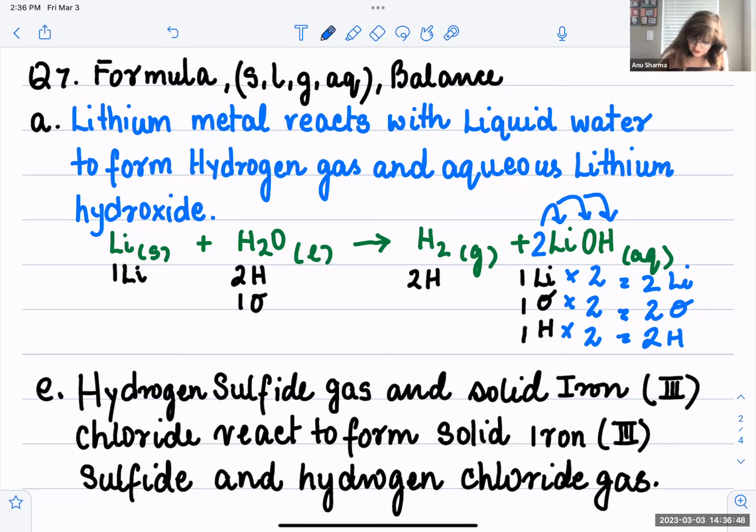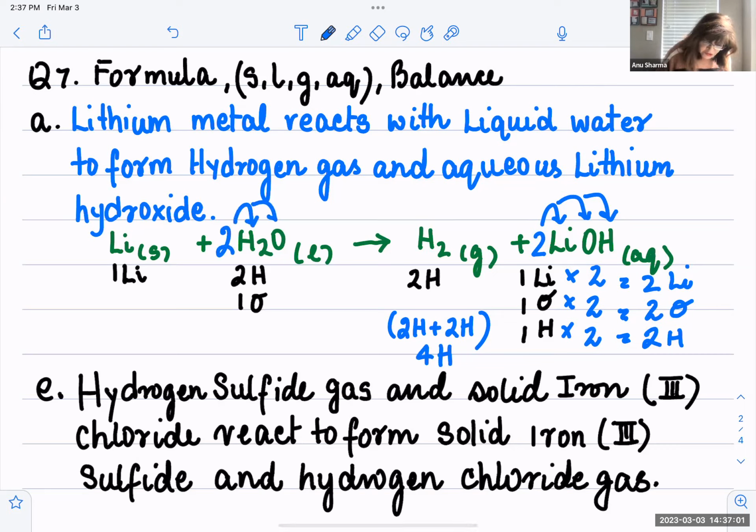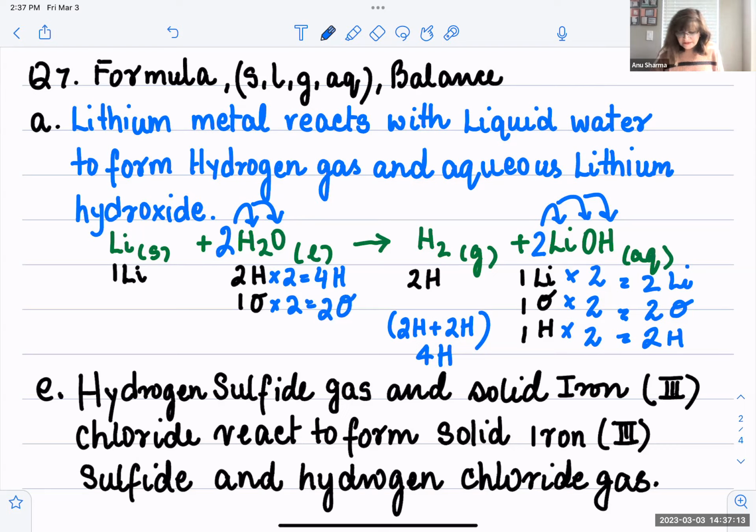Plus this hydrogen also. So there are two hydrogens plus two hydrogens, a total of four hydrogens on one side. And now we can make it four hydrogens on the other side by putting two here. So this applies to hydrogen, this applies to oxygen. So now you have 2 times 2 hydrogens, 4 hydrogens, and you have 2 oxygens. Okay, the only thing that got messed up is the lithium.